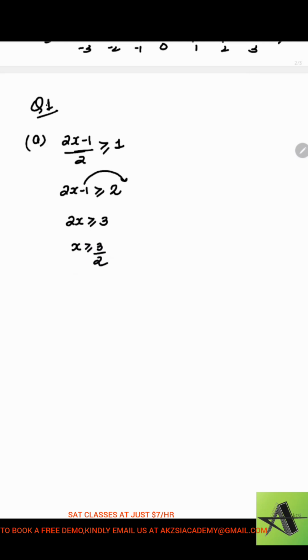That means x can take up all the values that are equal to and greater than 1.5, or 3 over 2. And it's very easy. You can represent it on a number line. Let me do it quickly. So it would be like 0, 1, 2, 3, -1, -2, -3, and 1.5 would be here.